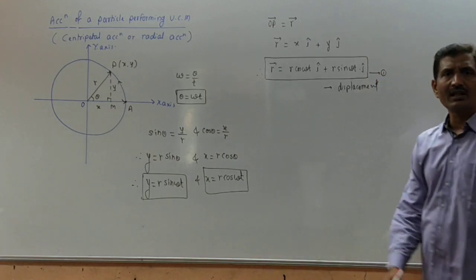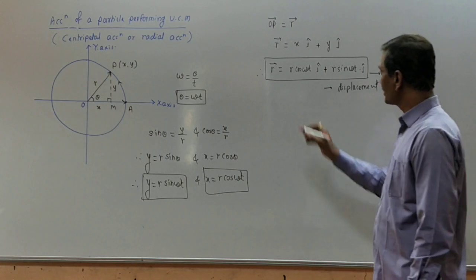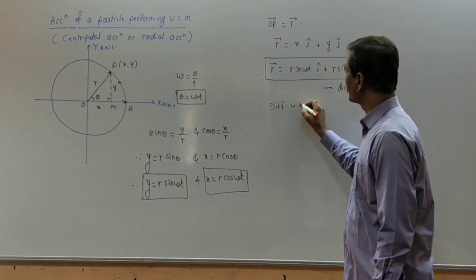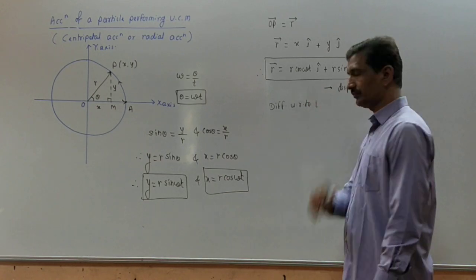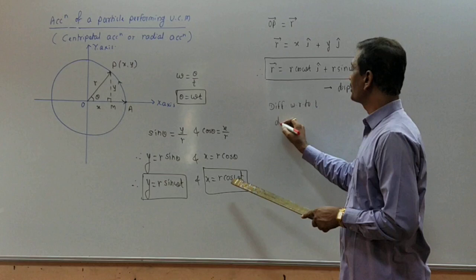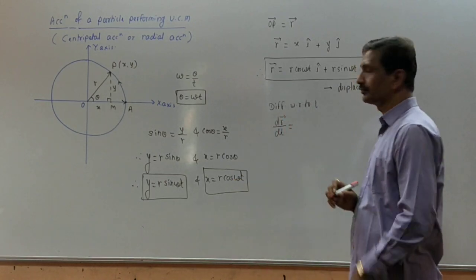Now you are familiar with the concept: the rate of change of the displacement is called the velocity. So therefore we differentiate this equation 1 with respect to time t. So what is the derivative of r bar with respect to time t? It is d r bar by dt.